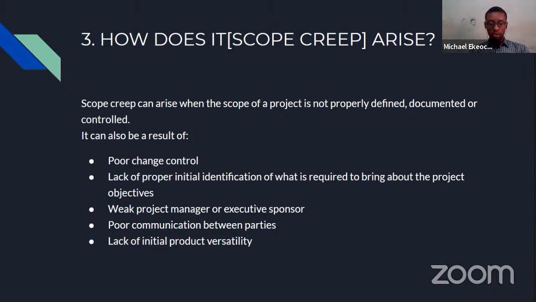Then you have a weak project manager or executive sponsor. Then poor communication between parties. Communication is always important. Whatever you're doing, make sure there's proper communication between all the parties, both the stakeholders, clients, and the project manager, team working on the project. Make sure you're communicating. And then lack of initial product versatility.